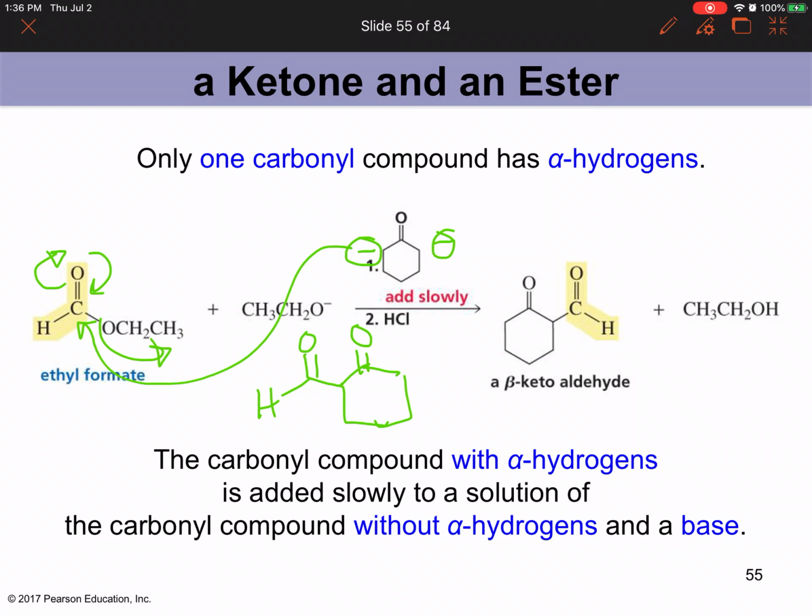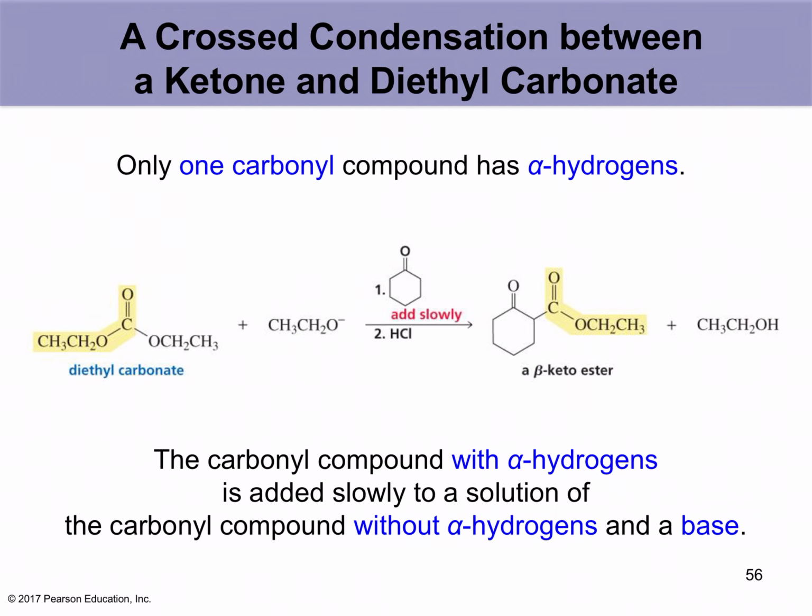It is kind of the same thing repeating, which is a good thing, so you don't have to worry about too many deviations. Cross condensation between a ketone and a diethyl carbonate. This is our ketone, and this is a diethyl carbonate, meaning you have two alkoxy groups. Only one carbonyl compound has alpha hydrogen, which is this. Again, you have your nucleophile.